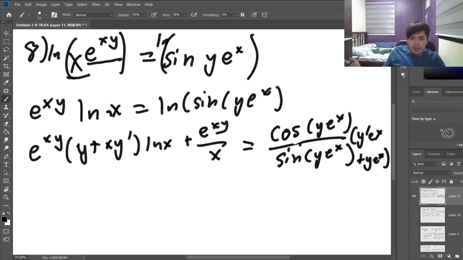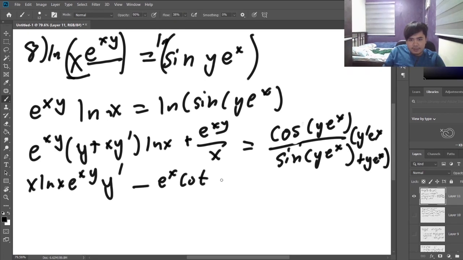Yeah, so let's isolate everything that contains y prime to the left, and no y primes to the right. So x ln x e to the xy y prime minus the y prime here, e to the x, we can simplify this as cotangent of y e to the x, correct? And then this is going to be y prime. This is equal to, let's put it on another line.